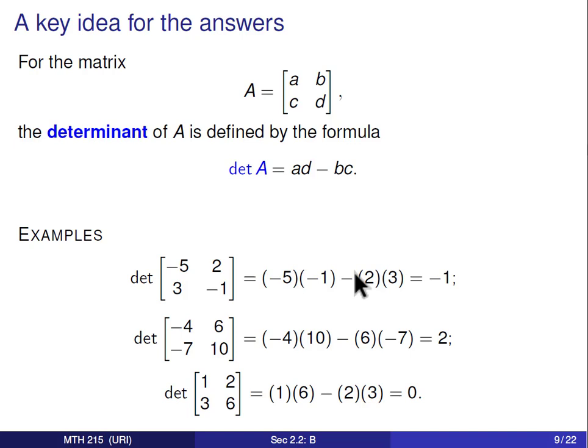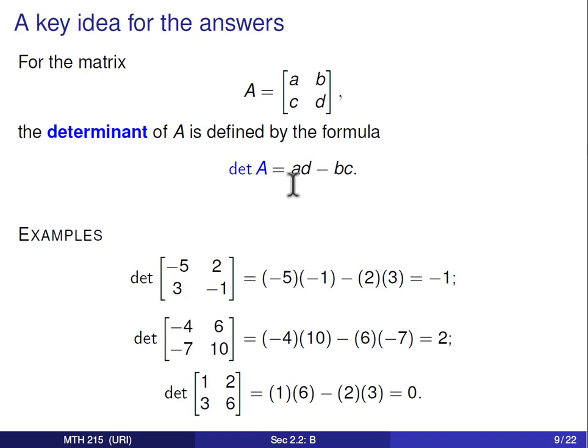All right, for the 2 by 2 case, there's going to be a very useful concept that will form part of our answer. So let's back up for just a second and take a look at our matrix A. Let's suppose that it has entries which we label a, b, c, and d. The determinant of A is a number we get just by using this formula.